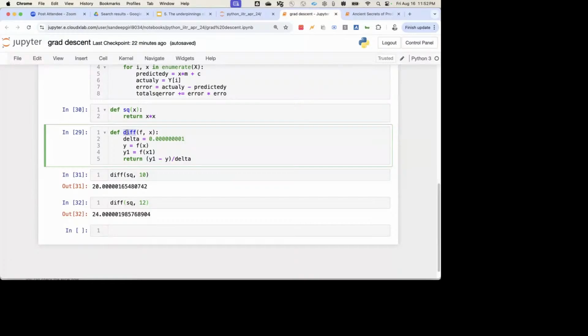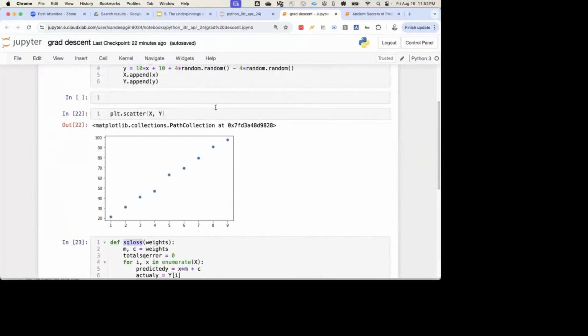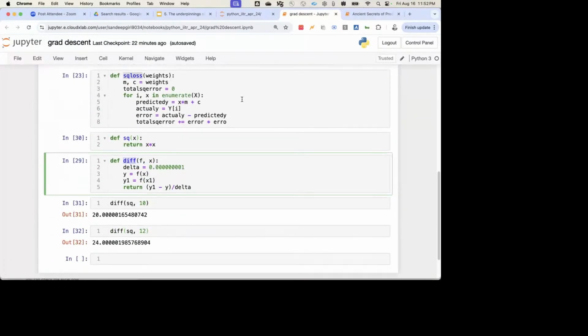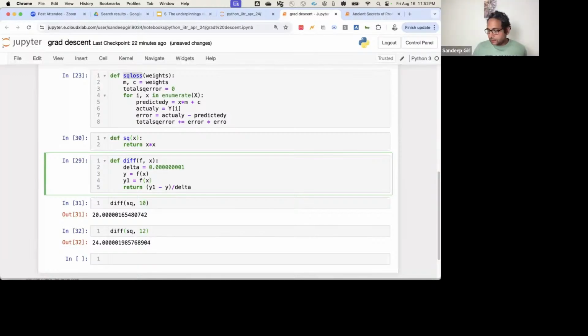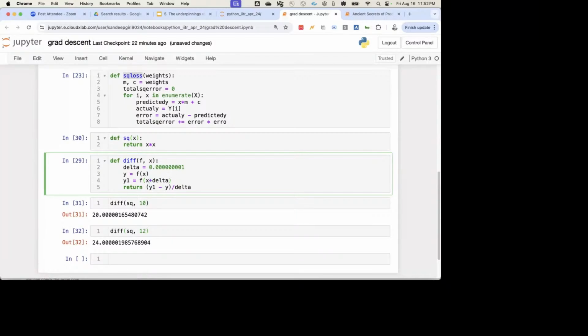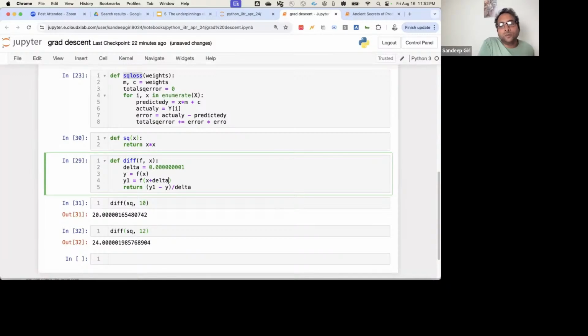Hey Sandeep, in that diff function, we haven't defined x1. So where is x1 coming from in the diff function? Oh yeah, that's wrong. It was x plus delta. We increased x a little bit and observed how much y changed on that increase.